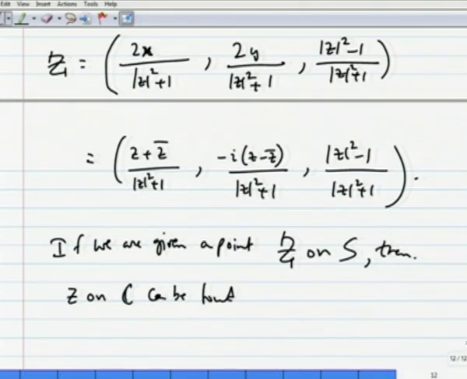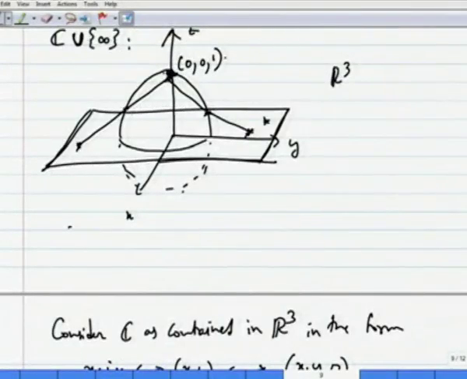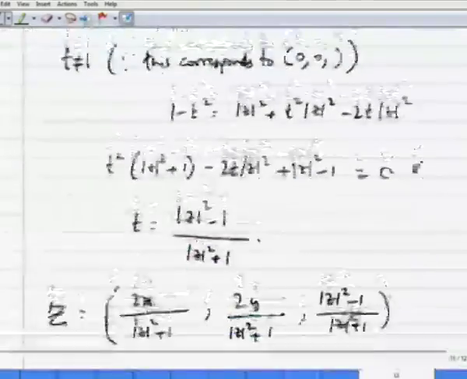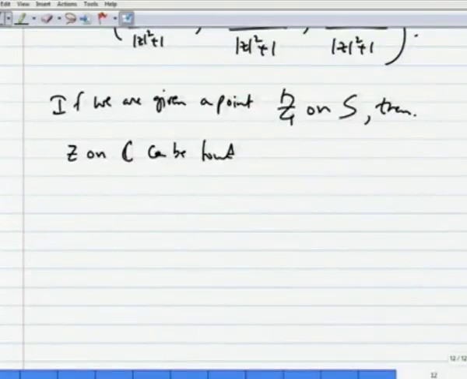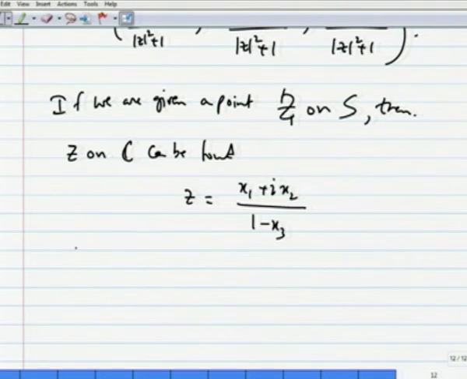Recall, what we are doing is drawing a straight line connecting (0, 0, 1) and the point capital Z, and when you project it onto the complex plane, it gives you a point of intersection with the complex plane, and we can calculate that. So, we get z = (x₁ + i x₂) / (1 - x₃), where capital Z is assumed to be (x₁, x₂, x₃).